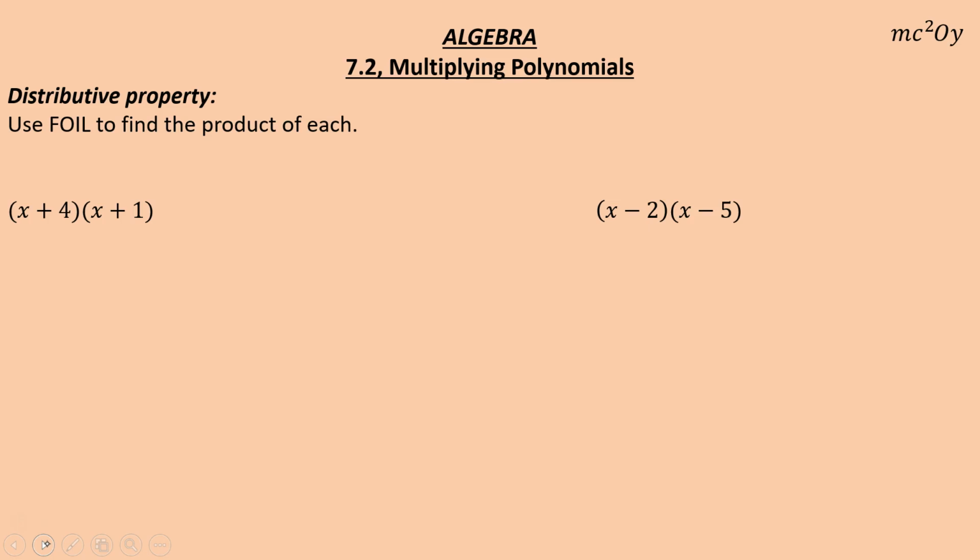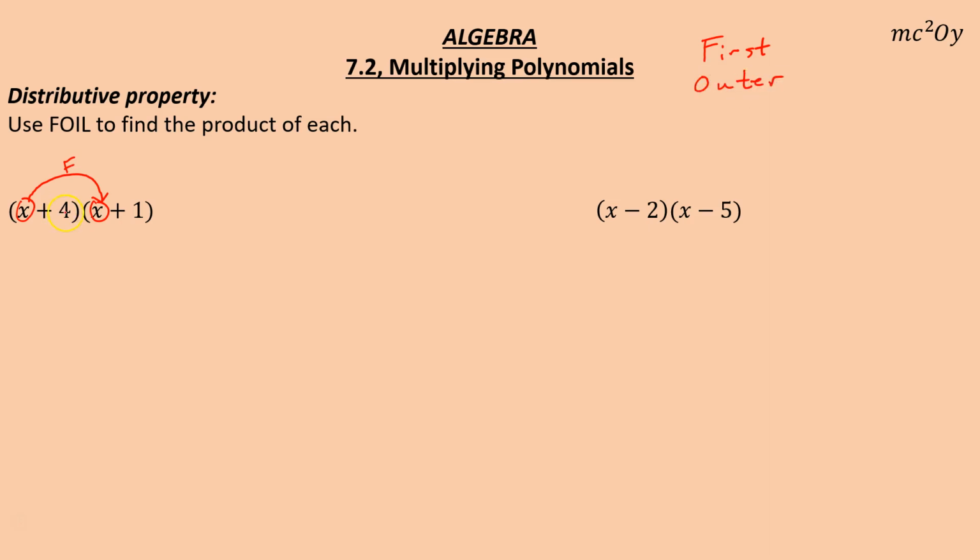First, use FOIL to find the product. So the FOIL method. FOIL is an acronym. It stands for first. Okay, so that means if I look at a binomial times a binomial, the first term times the first term. That's first. O is outer.